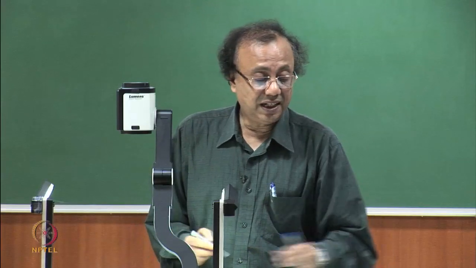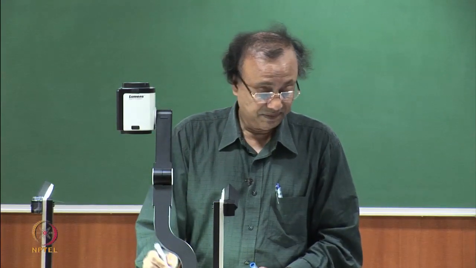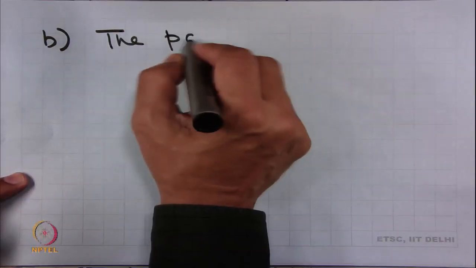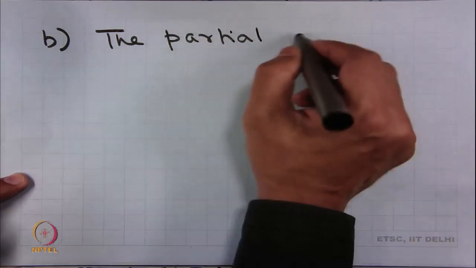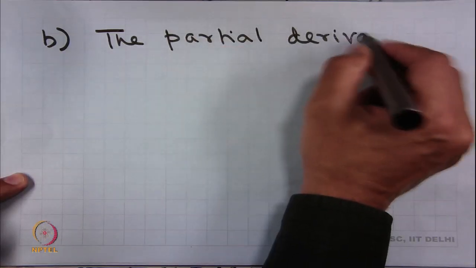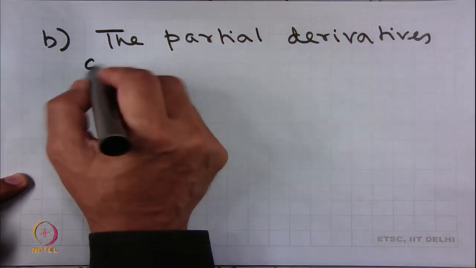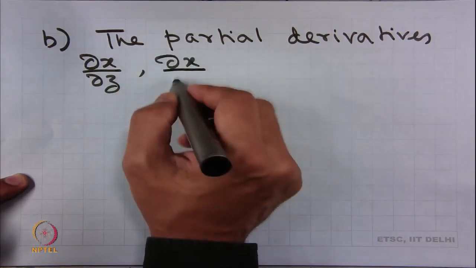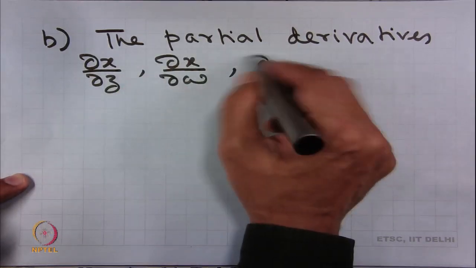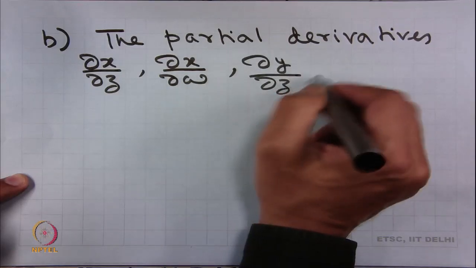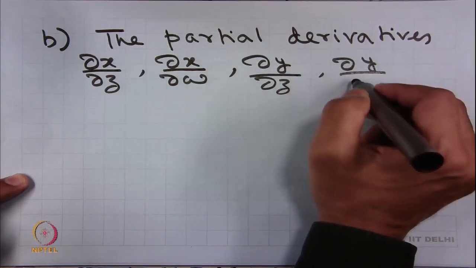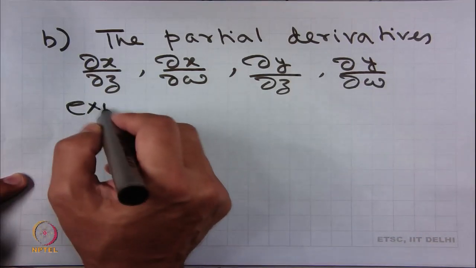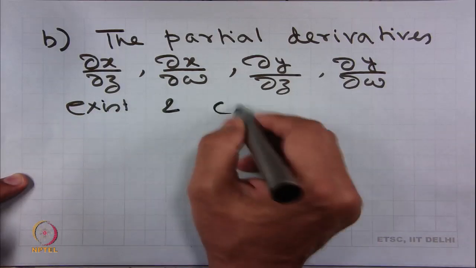Also, another condition is that the partial derivatives del x by del z, del x by del w, del y by del z, del y by del w exist and are continuous.